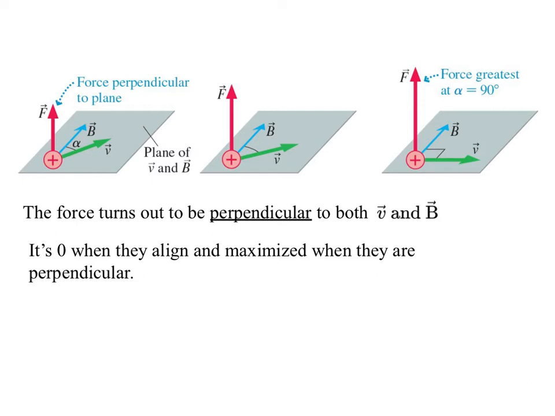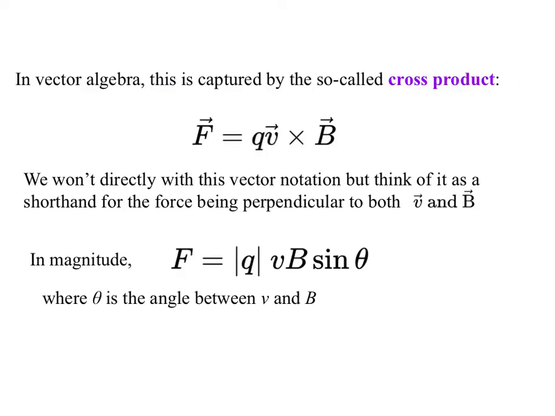This is sort of a strange thing. In vector algebra, we capture this with something called the cross product, and we say that the force vector is the charge times the velocity vector crossed into the magnetic field. In vector algebra class, they'll do a lot about defining the cross product and how you figure it out in terms of the component vectors.